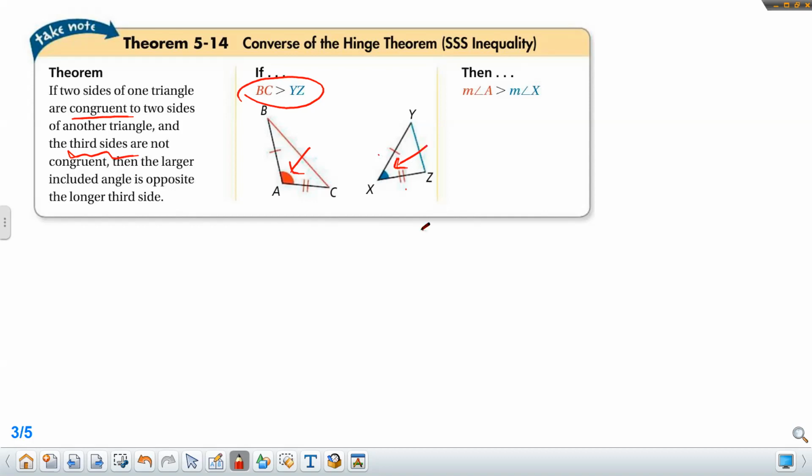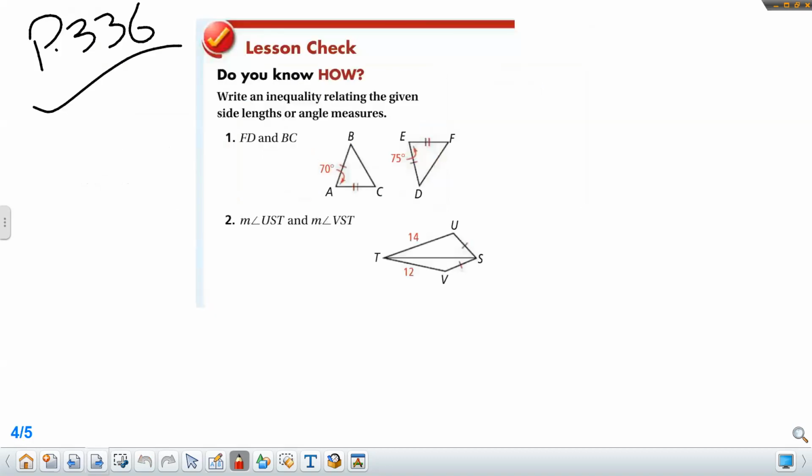So we have two important theorems: SAS, which is called the hinge theorem, and its converse, which is called SSS inequality.